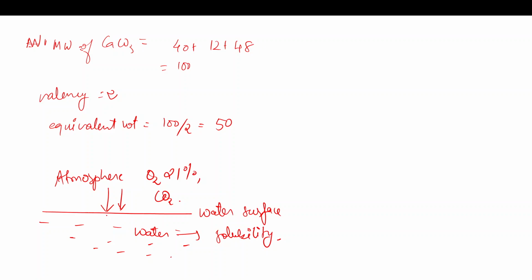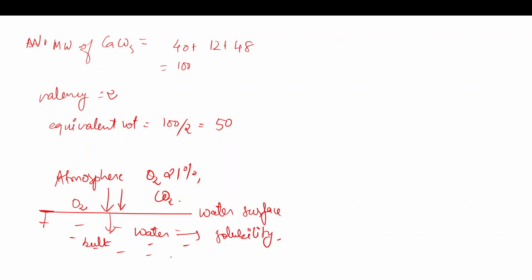So water on the surface absorbs oxygen or carbon dioxide, and later, this is the water bulk and this is the surface of water, from the surface it travels to the bulk of water. So let's say from the atmosphere it has come to this surface.